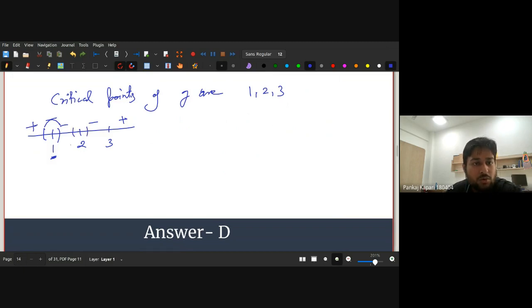Now locally near 2, the sign of the derivative is negative on the left hand side and also on the right hand side. That means it is decreasing and it decreases further, continuously from left to right. There is no change of sign, and because there is no change of sign, there is no point of local minima or maxima. Now at x equal to 3, the sign changes from negative to positive.